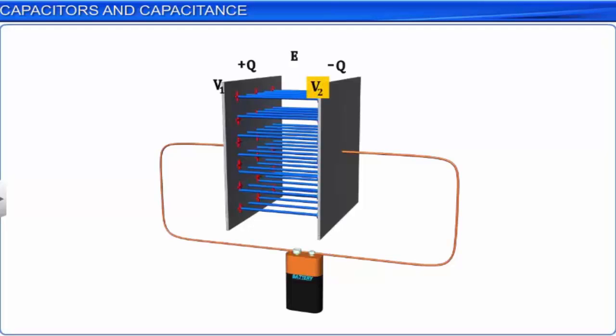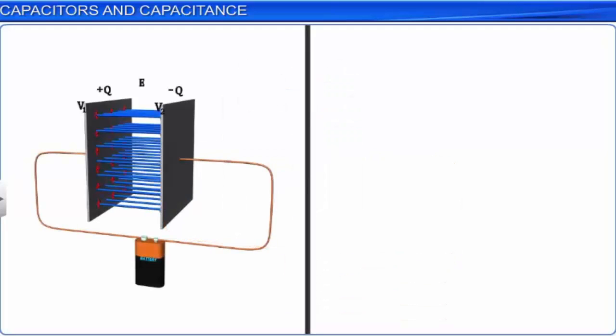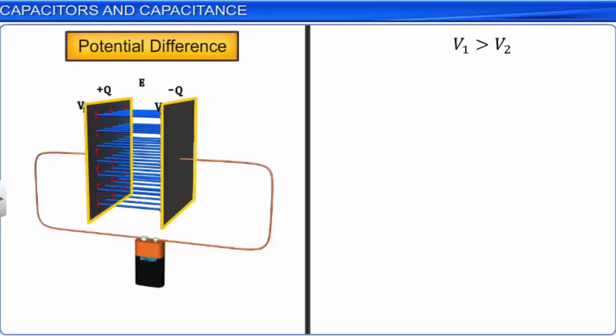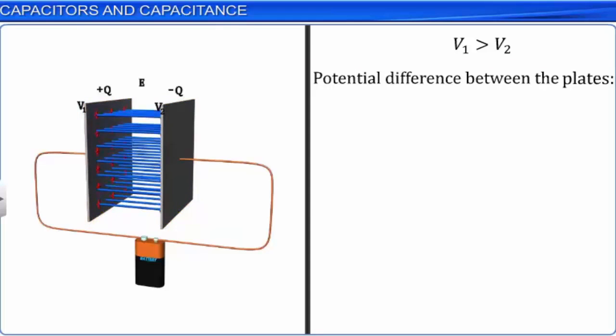The positively charged plate is at a higher potential than the negatively charged plate. Therefore, V1 is greater than V2. Hence, a potential difference exists between the two plates. Let the potential difference between the plates be V equal to V1 minus V2.